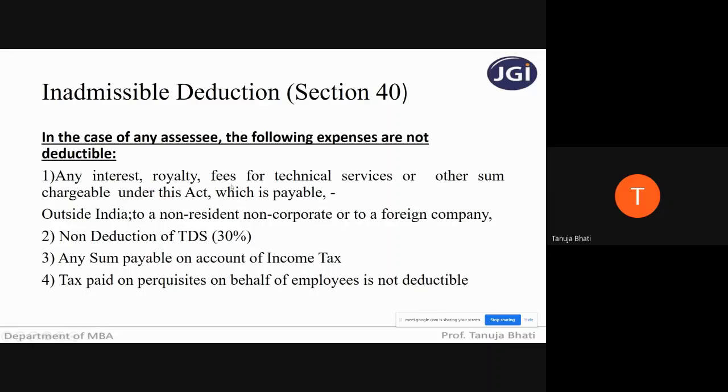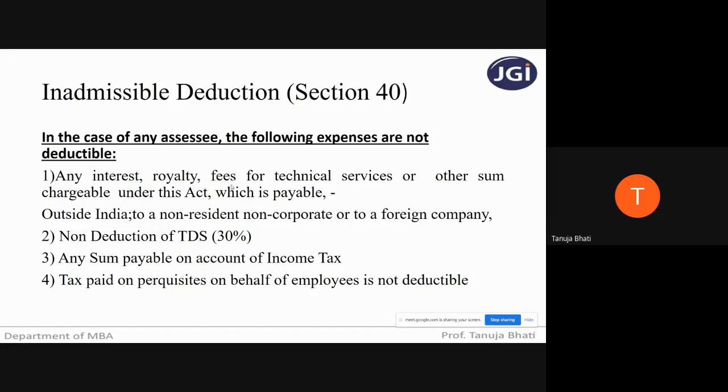We understand by this that whatever interest, royalty or fees is being paid, whether for technical services or for any other thing which is chargeable under the Act, if it is payable to any person who is outside India, or to a person who is in India but who is a non-corporate, non-resident, or a foreign company, and tax is not deducted at source, it is disallowed.